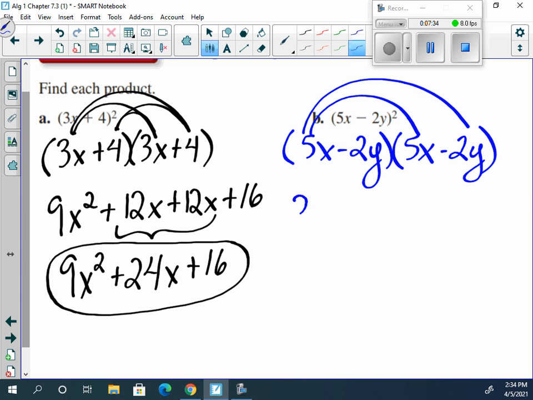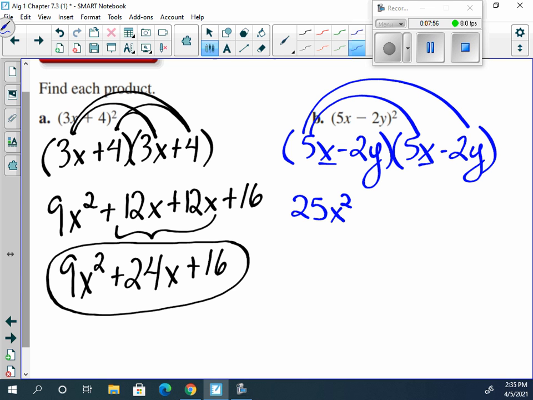So we'd have 25. x times x, x squared, yes? Because since they're like terms, we square them because we have 2 of them. Yep. We'll get there here in a second. But are we good with 25x squared? Yes? We've done that quite a bit at this point.